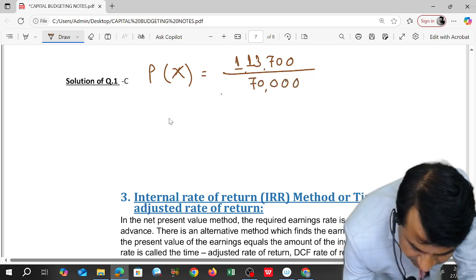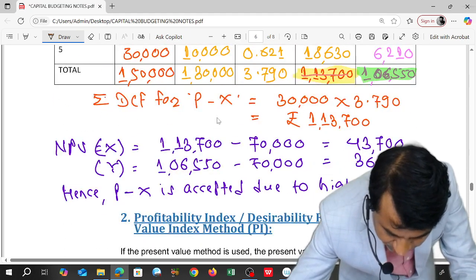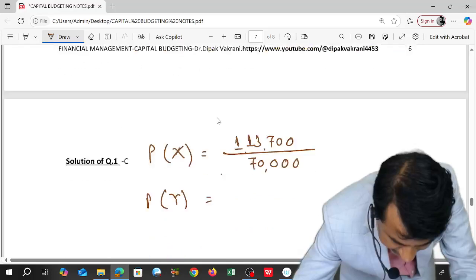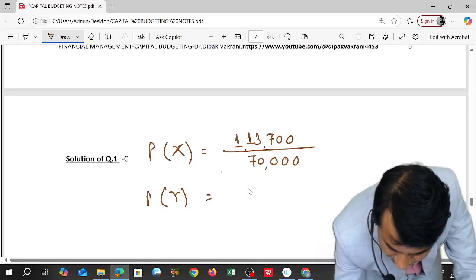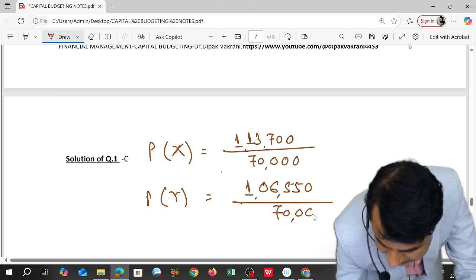This is for project X. For project Y, the same formula is applied, and the summation of discounted cash inflow was 1,06,550. Investment is the same, 70,000, and let's calculate the PI.